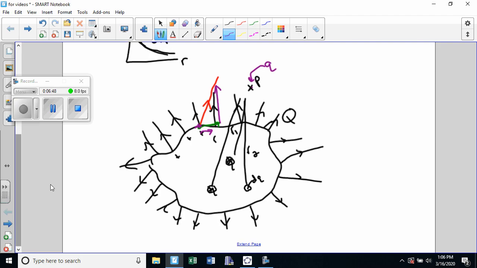So in order to find the total electric field at point P, what I want is the electric field at point P. Okay, but you'll notice that it is a different distance from every charge that exists in this charge distribution.